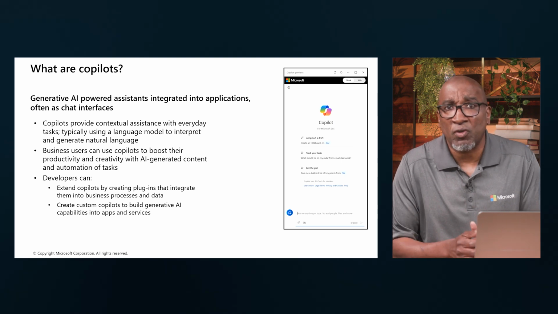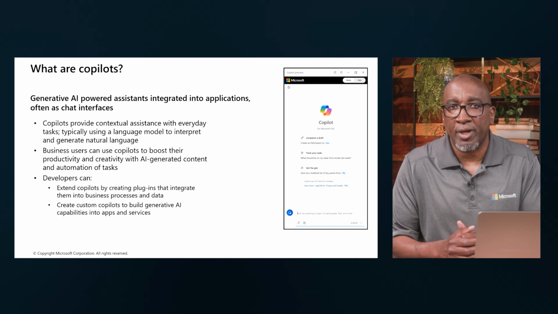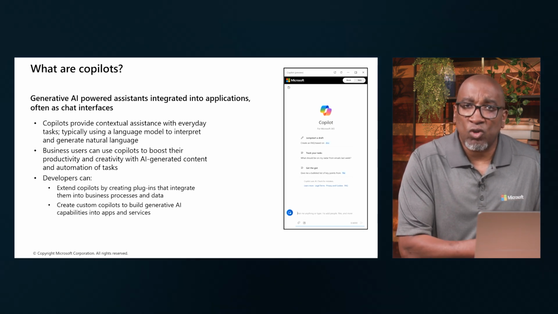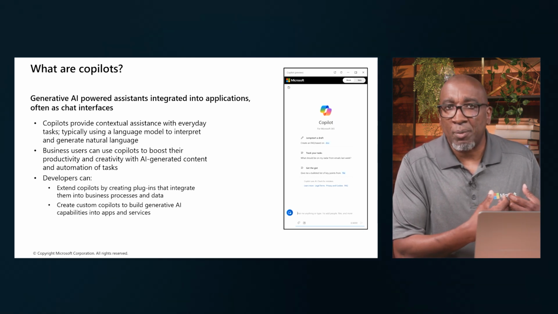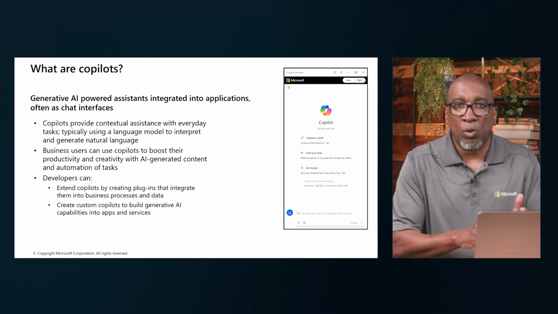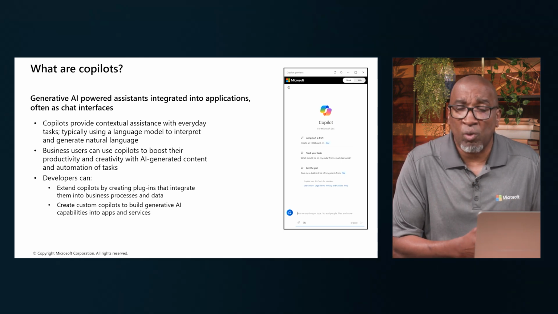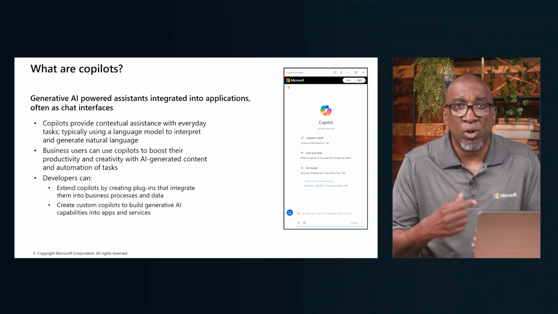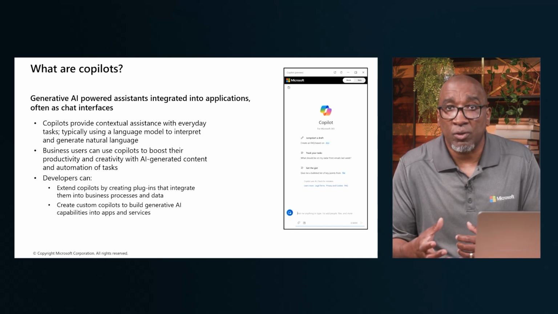You probably see these most commonly as chat interfaces within the tools that you're already using. They're able to provide contextual assistance with the everyday tasks you use this for, whether you're using them in M365 applications like Word and PowerPoint, or, as we're going to focus on, security-related tools, whether in our extended detection and response tools, or in our security information and event management tools.